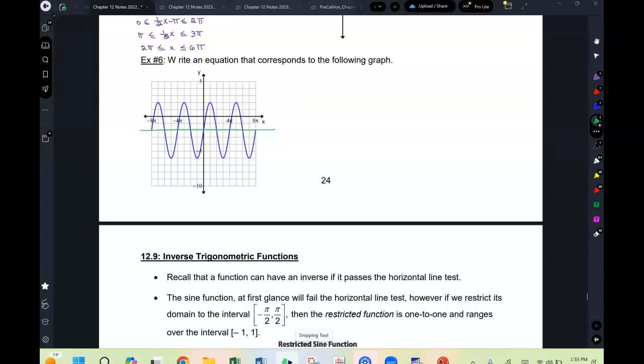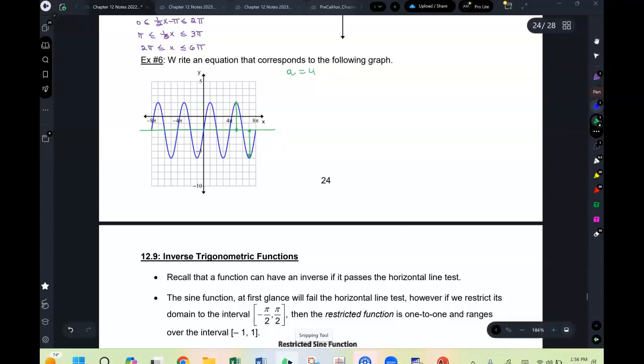The amplitude will always be from that center line up to the maximum, or from that center line down to the minimum. And those two should be the same number, otherwise you haven't split it in the correct place. So in this case, it's 1, 2, 3, 4 units. So I know that A is equal to 4.